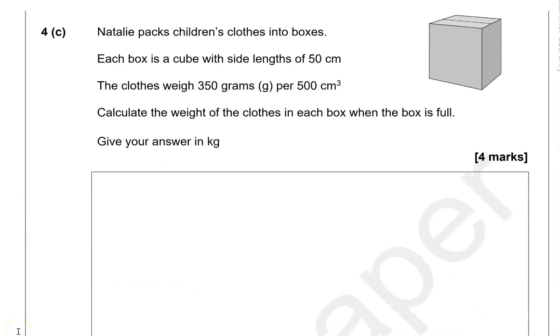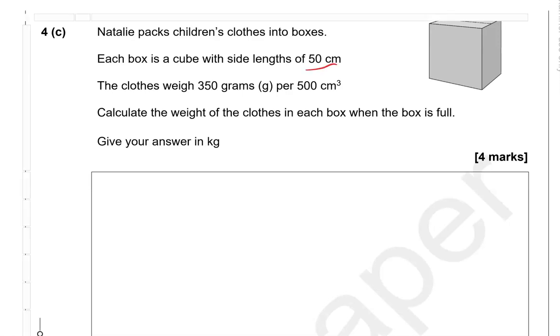Natalie packs children's clothes into boxes. Each box is a cube with a side length of 50 centimeters. The clothes weigh 350 grams per 500 cubic centimeters. Calculate the weight of the clothes in each box when the box is full. Give your answer in kilograms.